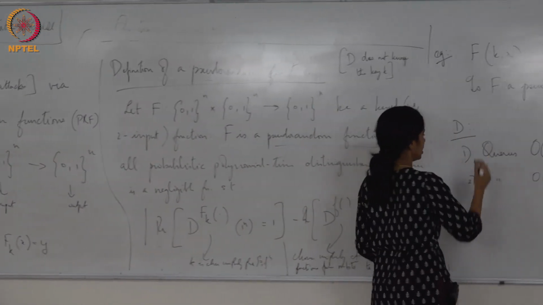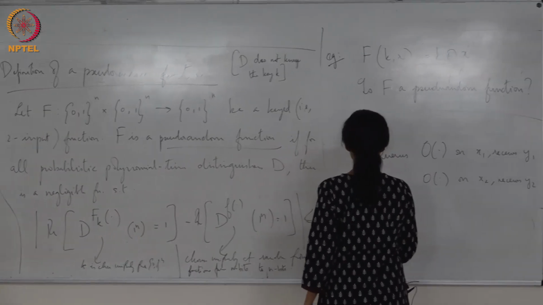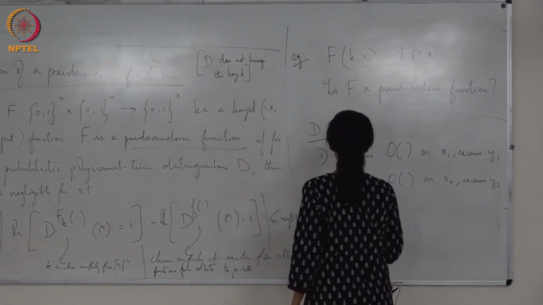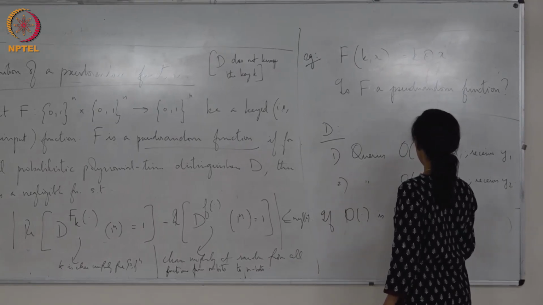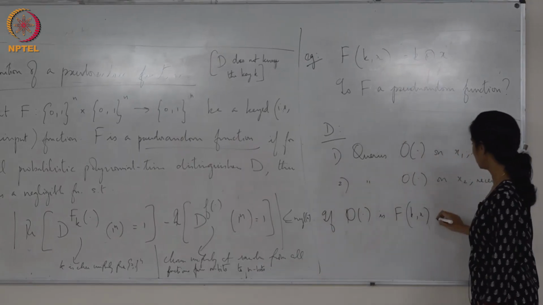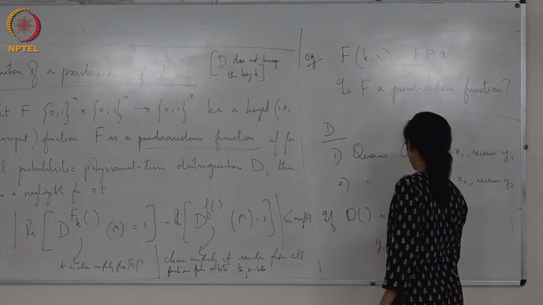So let me ask you this: if O is f of k comma x as defined here, what will y1 XOR y2 be?